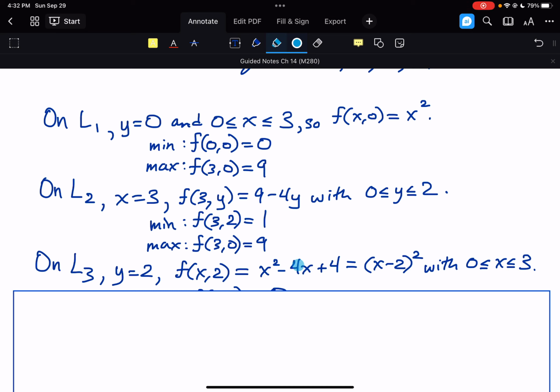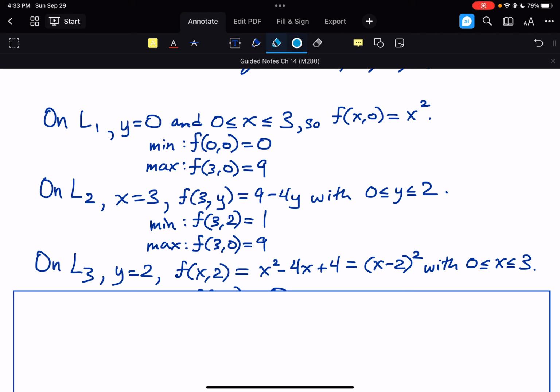Just looking at this, there's not necessarily a definitive pattern. x is going from 0 to 3, and when x is 0, it's 4, but when x is 3, it's 9 minus 12, which is negative 3, plus 4 is 1. So the value might go down, but other values in between go up, so it's not as clear-cut as the first one, where it only goes up strictly, or this one, where it only goes down strictly. This one has a little bit of up, a little bit of down.